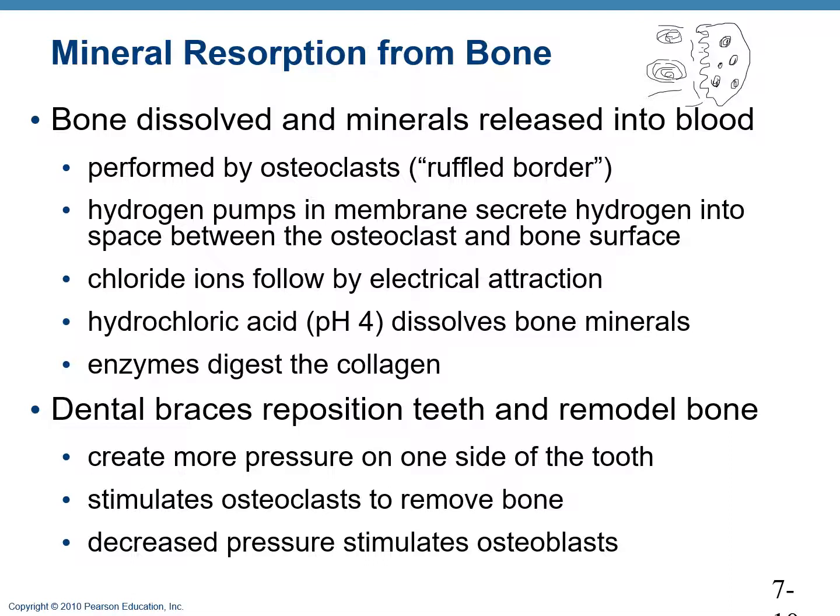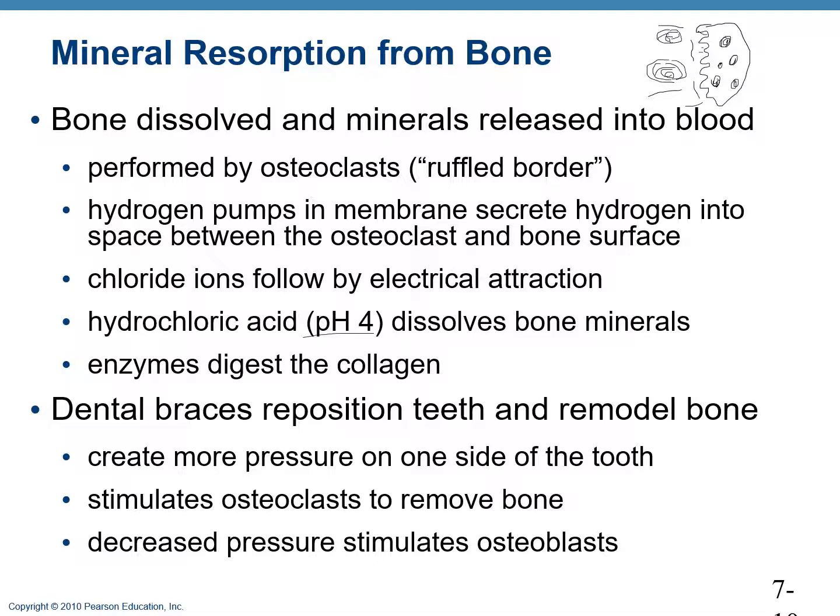And then chloride ions are going to follow by electrical attraction, and as a result you have the creation of hydrochloric acid, which has a low pH, pH 4, so it's acidic, and that is going to be responsible for actually dissolving the bone minerals. And then enzymes are going to digest the organic material of that bone, the collagen.